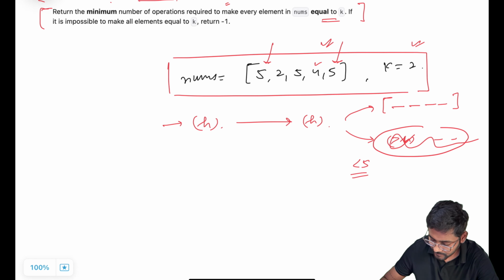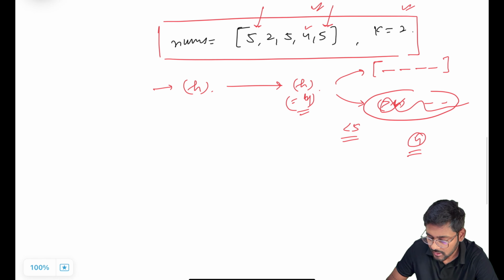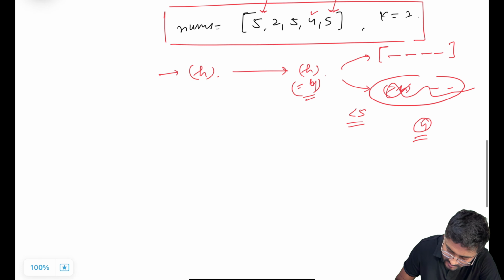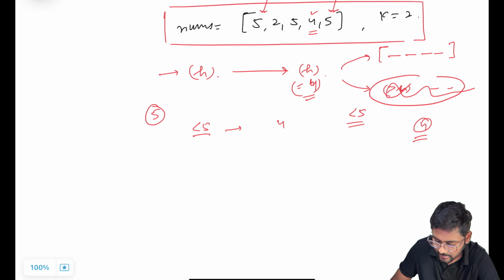I'm just choosing a value which is slightly lesser than the biggest element. Biggest element is 5 here. Smaller than the biggest element, there are values like 4 or less than that. But 4 is the second biggest element. So we have to choose 4 in this case.